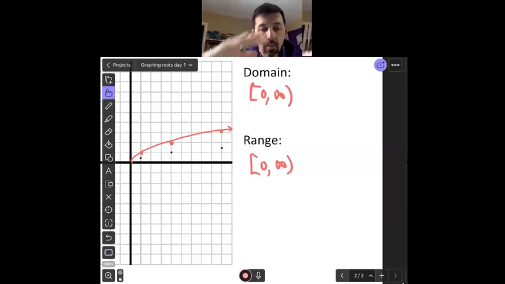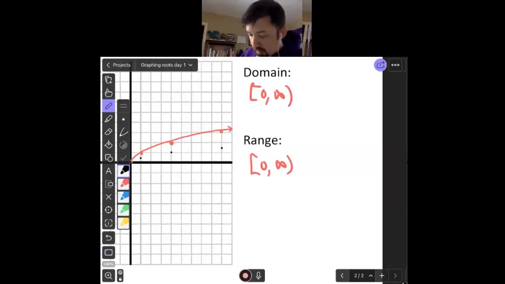As we squish it down, it doesn't curve as much anymore. Like I said, you can really see that vertical compression in play. It is flatter than it was before.